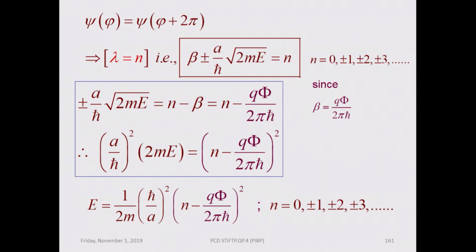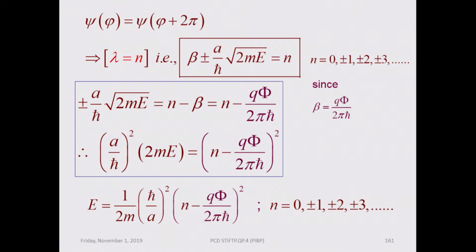But if the flux was 0, this energy would be the same irrespective of n being plus 1 or minus 1 or plus 2 or minus 2. The plus and minus signs would not matter.